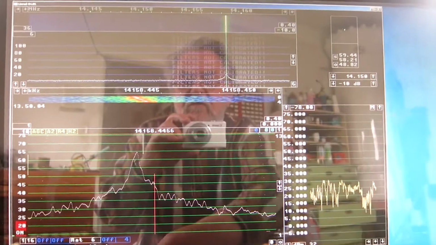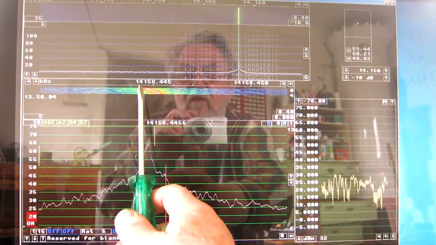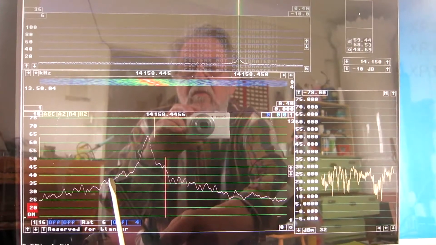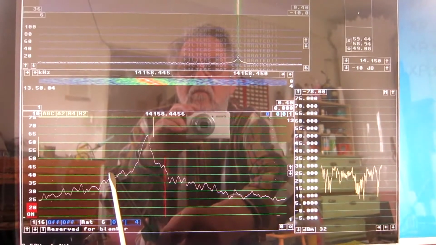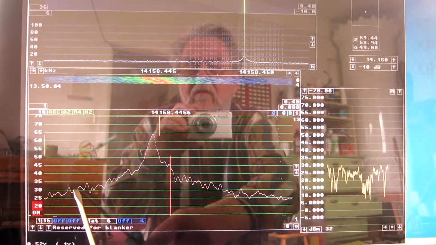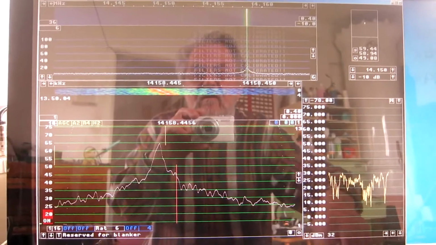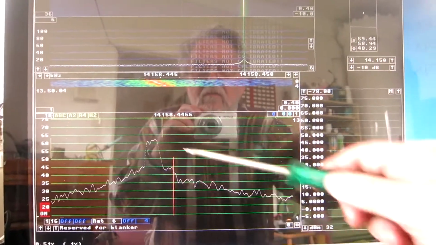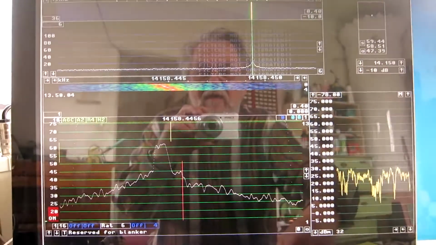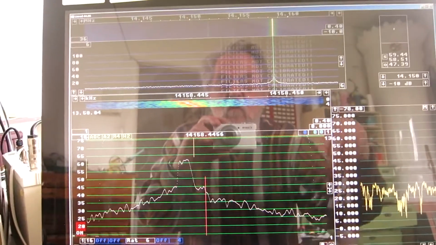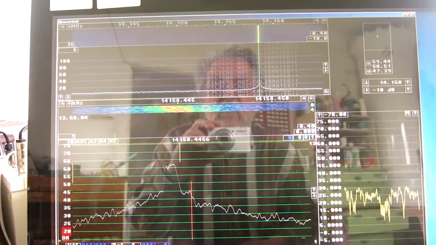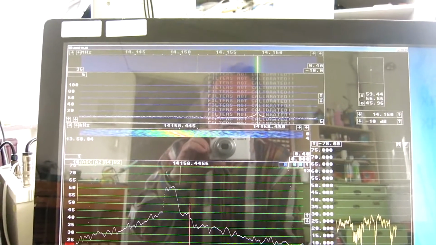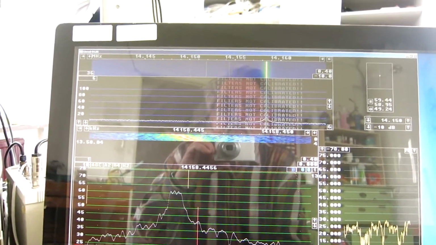And on the other side, 2 Hertz away is about here, 37, and 4 Hertz away is here, 30. And of course the thermal drift widens the peak here, so we cannot measure very close, but it looks like the slope is 6 decibels per frequency doubling.